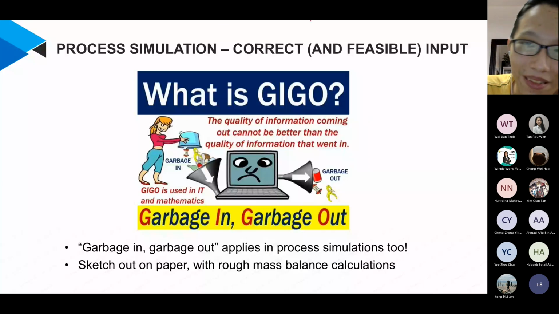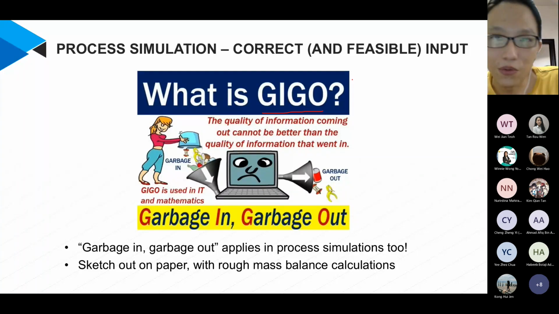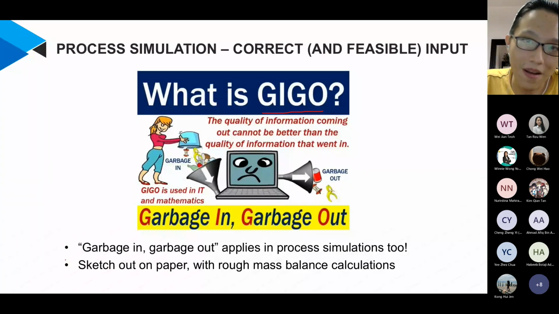And this is a term that in IT they call garbage in, garbage out, or GIGO. It means that if you put garbage into the computer, it prints out garbage for you. And that also applies in process simulation. So before you do anything, it's best to sketch out on paper and make sure that you know the overall picture before we start doing the simulation.